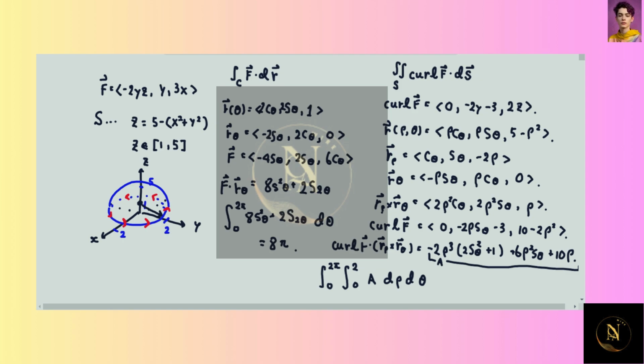Now, this one takes a little bit longer, but still it's quite a straightforward calculation because these are just polynomials and sines. You do have a sine squared, but let's recall that sin²θ = 1/2 (1 - cos 2θ), so it shouldn't be that difficult of an integral to calculate by hand.